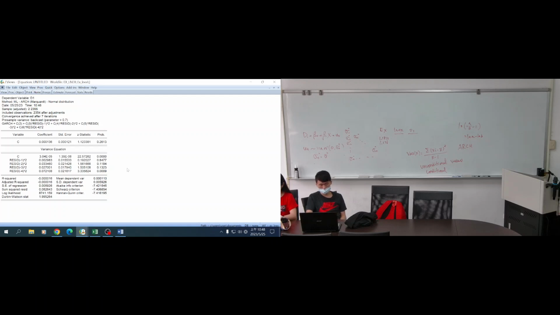I'm working with this first equation, with the fourth lag.